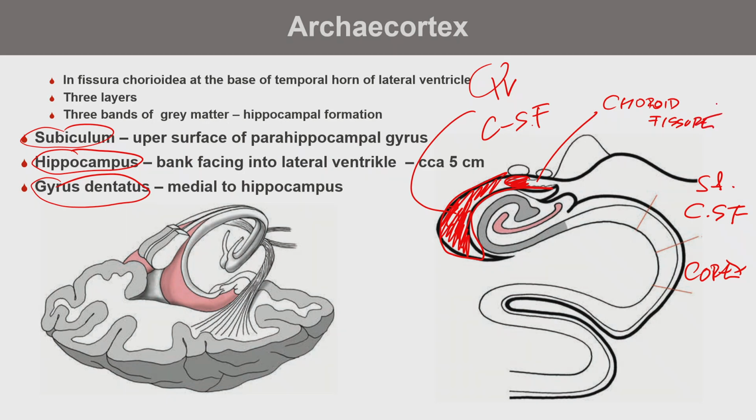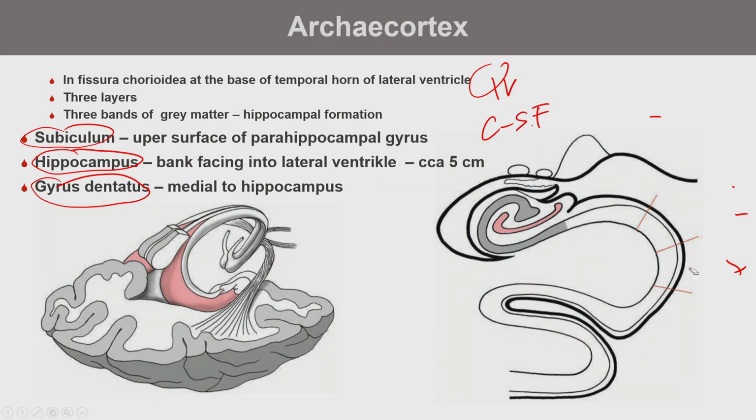So, then when you see this, here we have those structures. So this is a coronary section of a temporal lobe, somewhere here, this way. And here we have a gray matter, which is forming one S and one C. The S is a part of a subiculum, and a subiculum could be seen here.